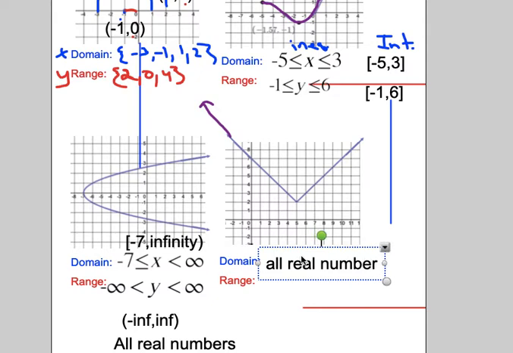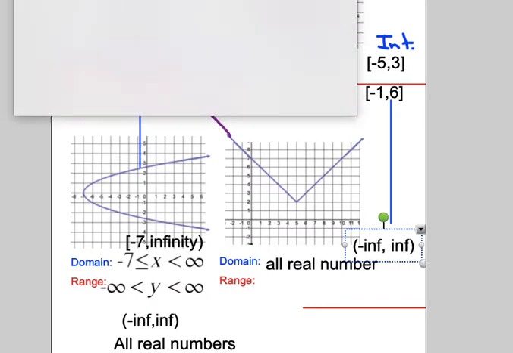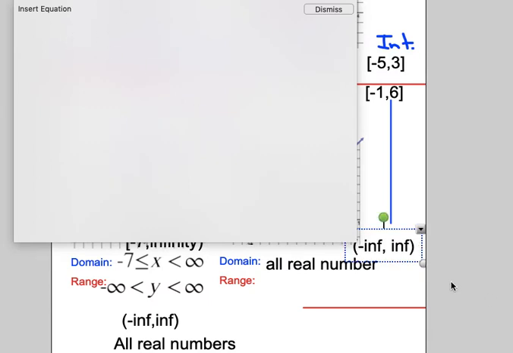All real numbers. If you wanted to write it with interval notation, that's going to look like this. The lowest is negative infinity. The highest is positive infinity. You would draw those little circles, but I don't have that ability with my mouse.